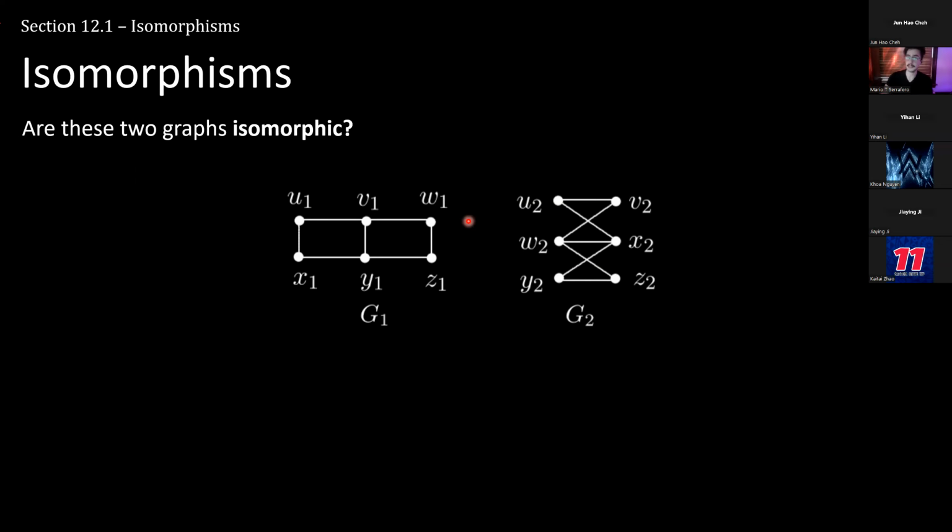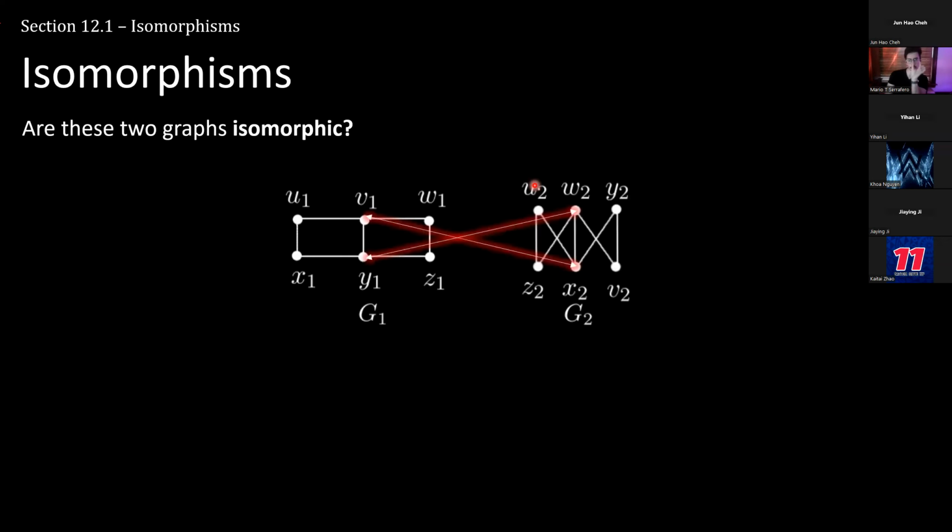I get a yes, and another yes, and another yes. So it turns out they are. Imagine you grab G2 and rotate it in your head, and then you say, hey, I'm going to untangle these two. If I untangle these two, now I get the same thing.